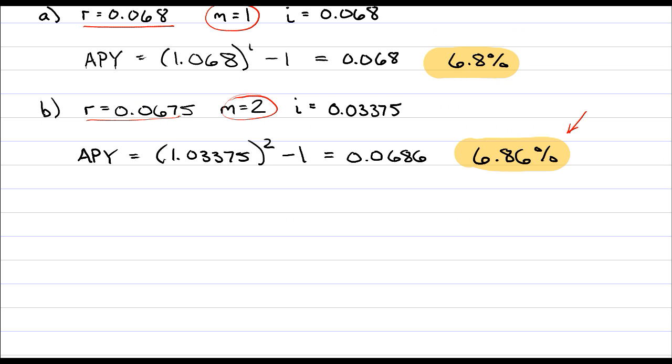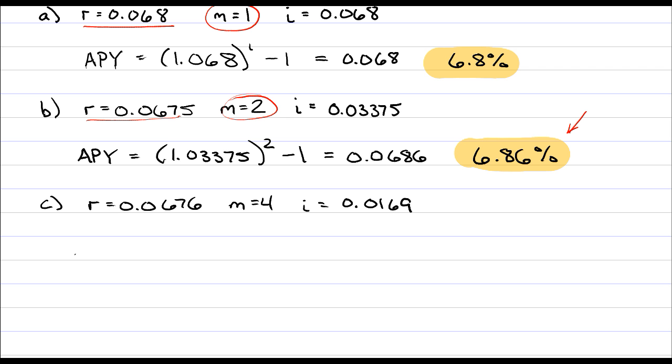In Part C, I have an annual rate of 0.0676, and I am compounding 4 times a year, quarterly. So I need to calculate my quarterly rate, and that turns out to be 0.0169.